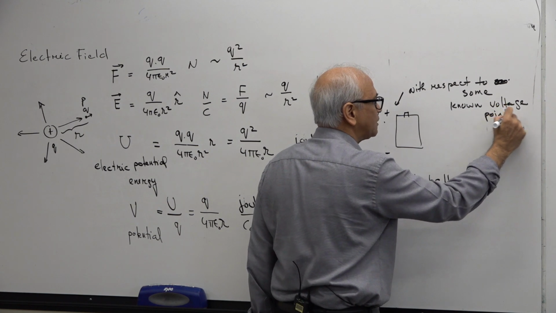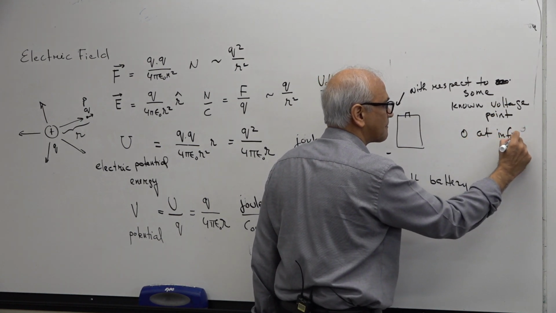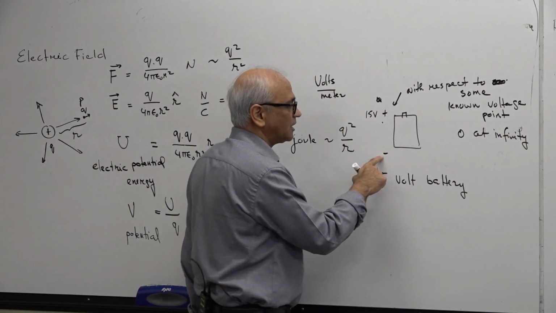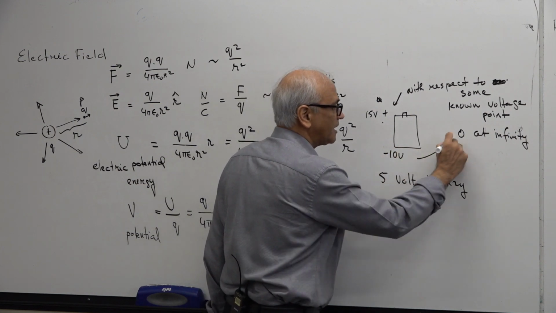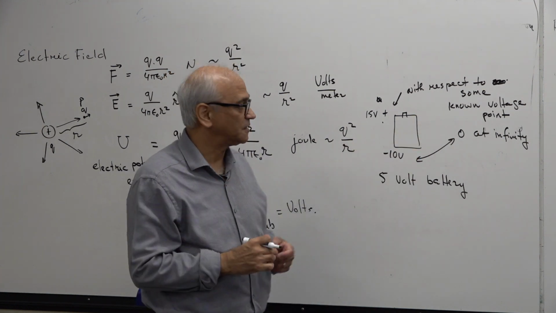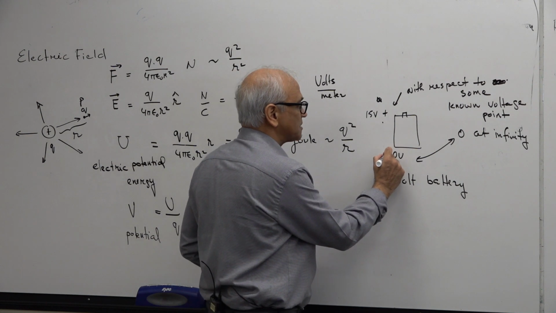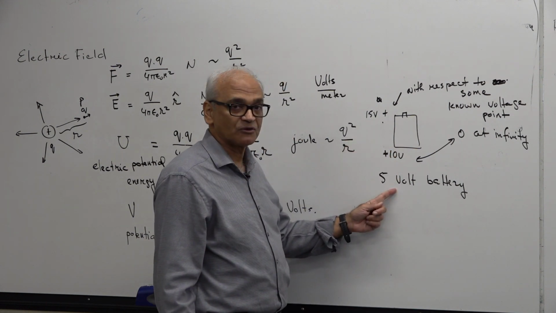What do I mean by that? It could be 0 at infinity, for example. Okay, 0 at infinity. For all you know, the negative side could be minus 10 volts, again with respect to some known voltage point, 0 at infinity. What's the difference? 15, sorry, this would be plus 10 volts. The difference is 15 minus 10, which is 5 volts.